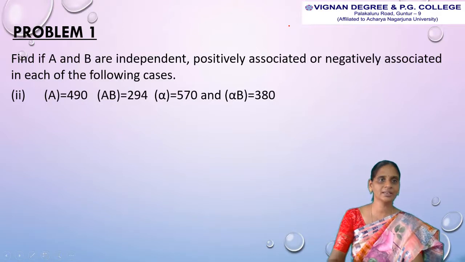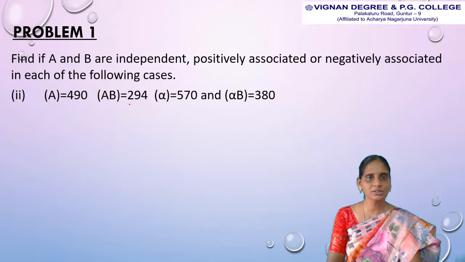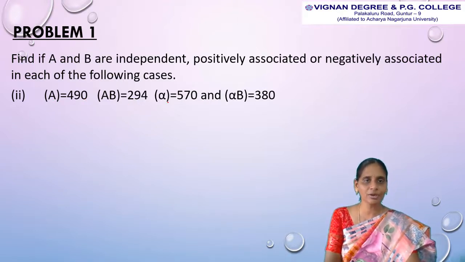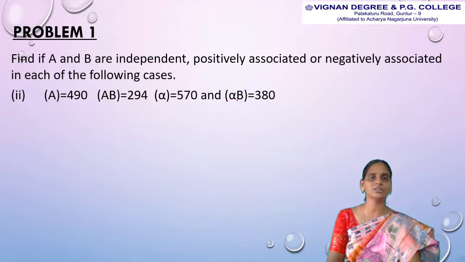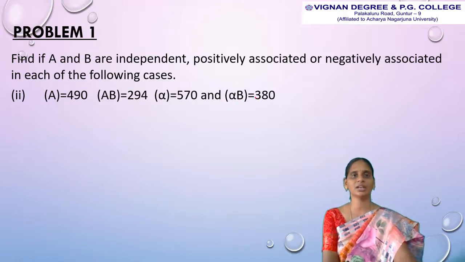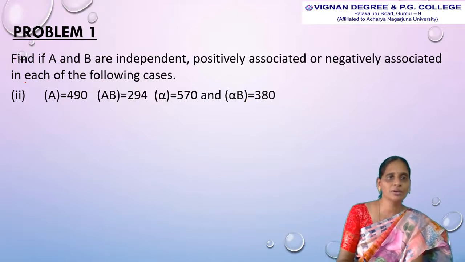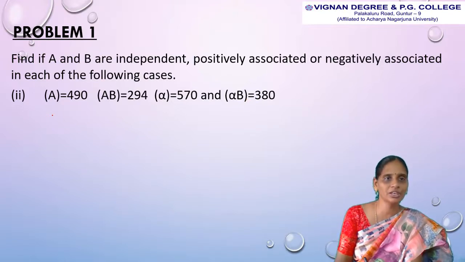In the next second case, we are given the values, frequency of A is equal to 490, frequency of AB is 294, frequency of alpha is equal to 570 and frequency of alpha B is 380. So now we have to find out the value of delta.